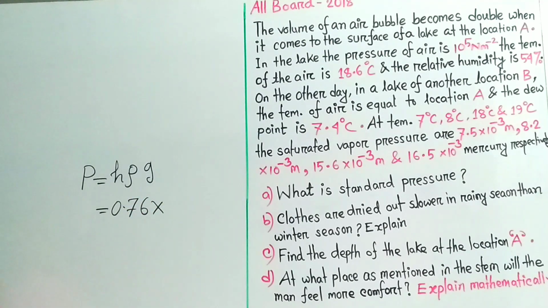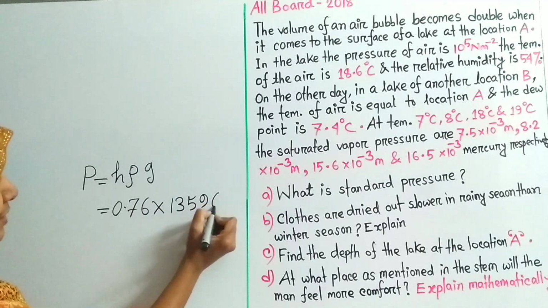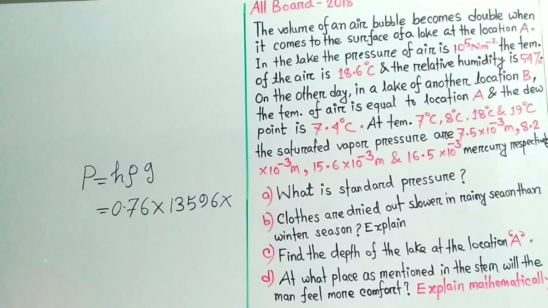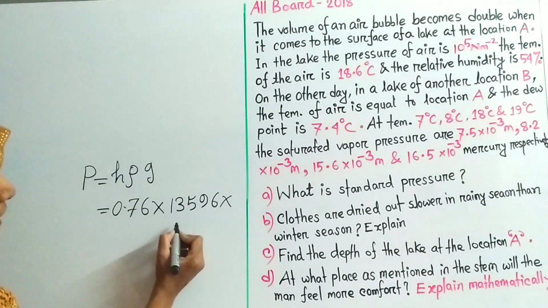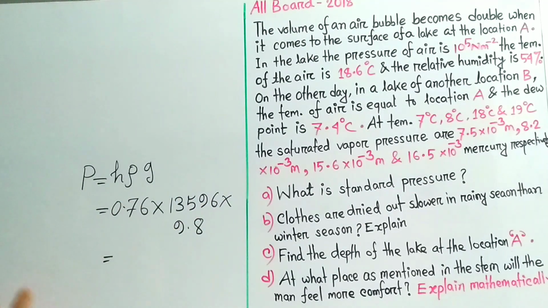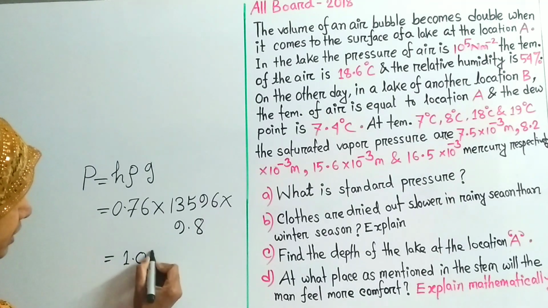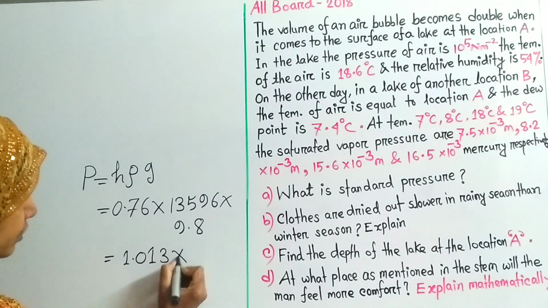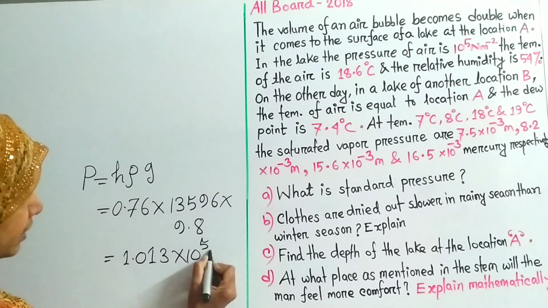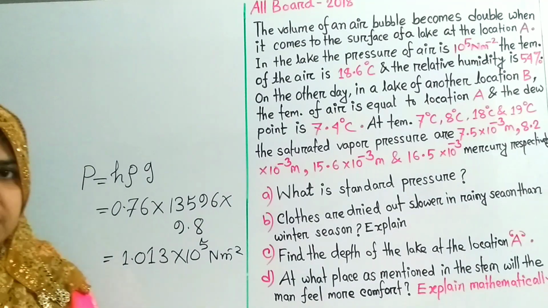Rho means density, and the density of mercury is 13596 kg per meter cube, and g means acceleration due to gravity, whose value is 9.8. After calculating, you will get the value of standard pressure as 1.013 into 10 to the power 5 Newton per meter square or Pascal.